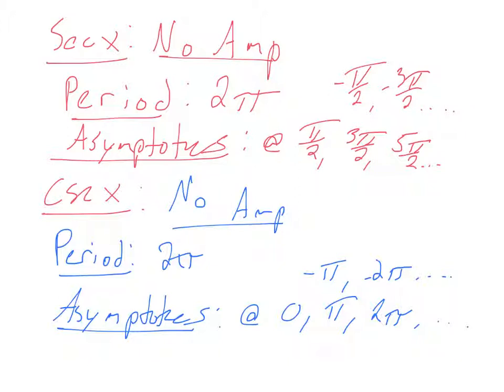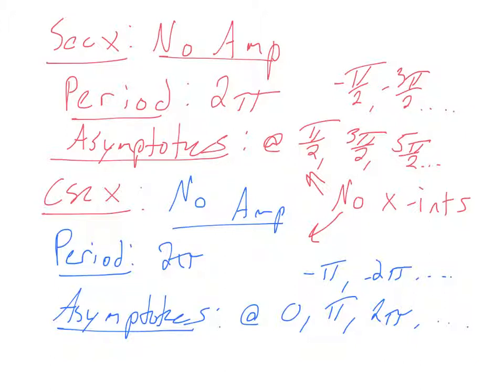And neither of these have any x-intercepts, right? For either of them, no x-intercepts. So yeah, there's no zeros. Okay, so that's all we're going to say about secant and cosecant for today.